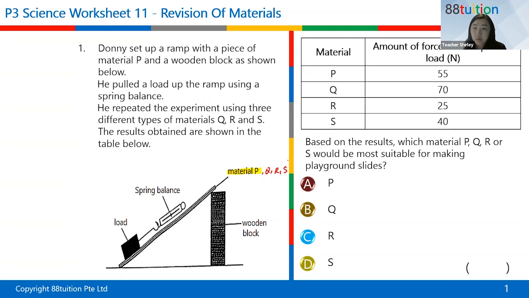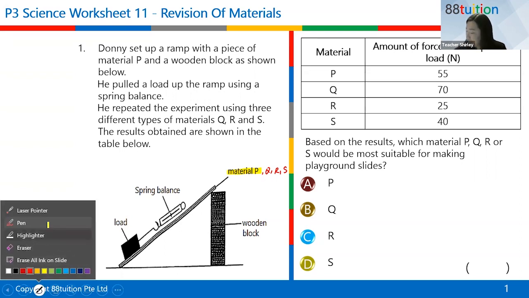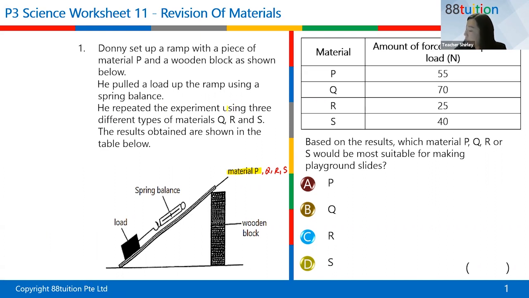For any experiment, we need to identify which one is the changed variable. In this case, they've already stated quite clearly, using 3 different types of materials. So this is the changed variable. This is what we are changing. And what are we measuring? It's not stated in the question on the left, but there will always be a table or graph of results showing you.